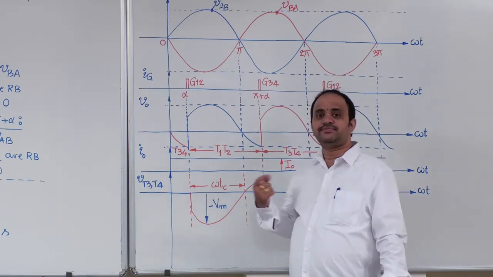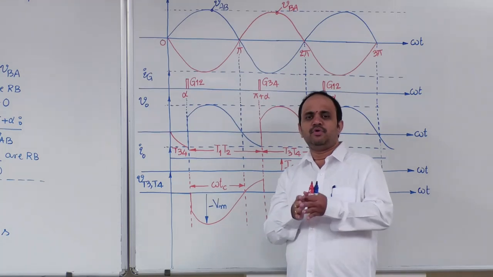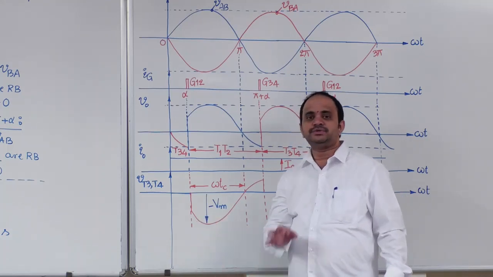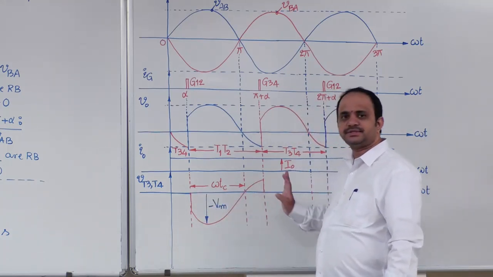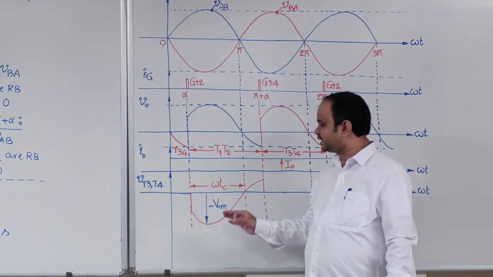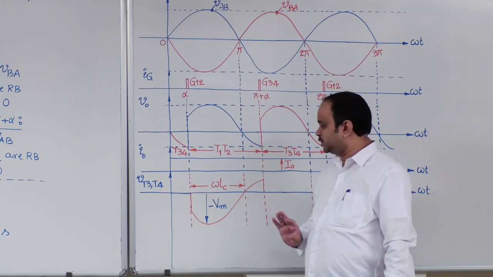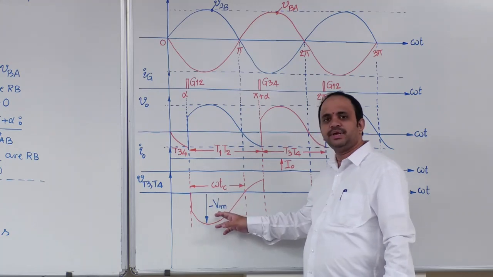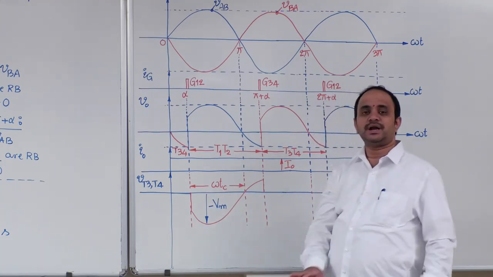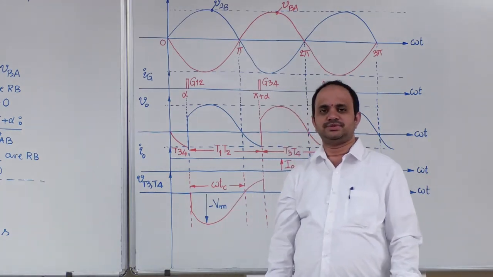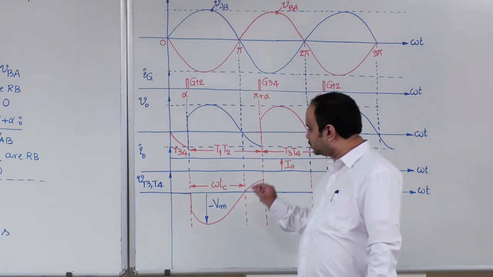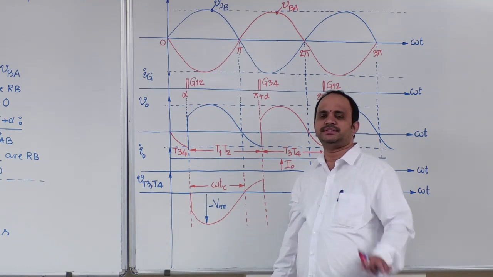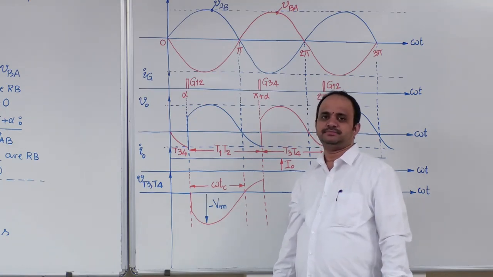Therefore, going forward, when you have more devices, like 6 devices in 3 phase, there is no need to draw voltage across all of the devices. It is sufficient to draw voltage across any one particular device, right? Whatever conclusions we get for circuit turn off time and peak inverse voltage are applicable for the remaining devices also. Therefore in the 3-phase rectifiers we will use this property. We need not draw voltage across all the devices; any one device is sufficient.